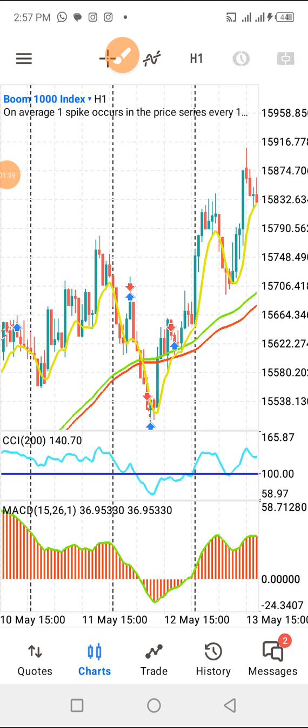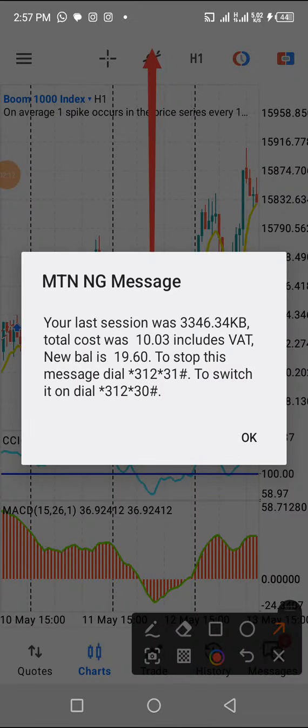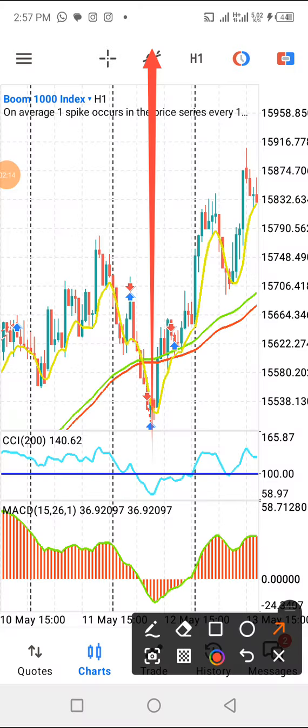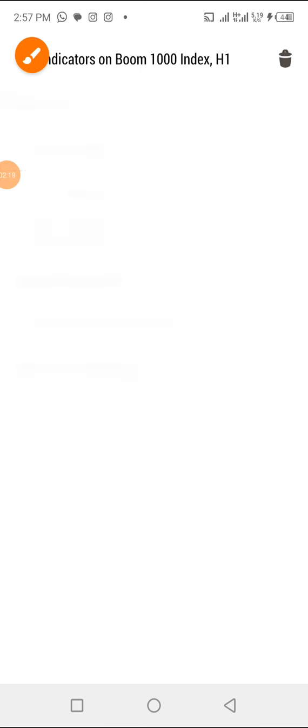So to add the indicator in your main chart, you have to click on this icon at the top of your screen. Talking about this icon here. When you click on that icon, it will take you to the indicator home where the indicators are.